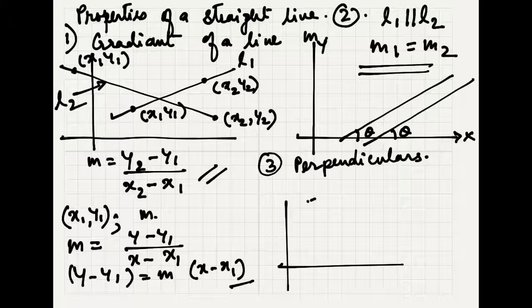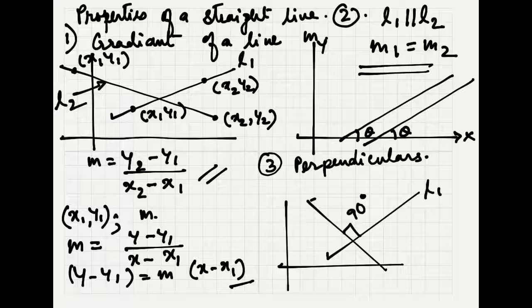So when two lines intersect at a right angle, at 90 degrees, suppose this is L1 and this is L2, we say L1 is perpendicular to L2.